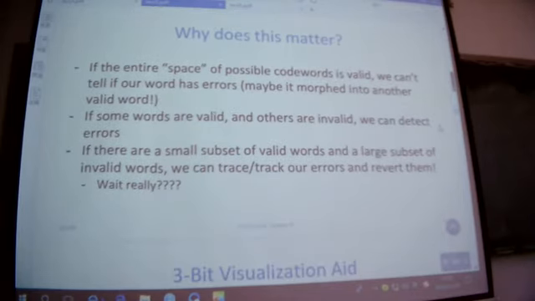Why does this matter? If the entire space of possible code words is valid, we can't tell if our word has errors. Maybe it has merged into another valid word. If some words are valid and others are invalid, we can detect errors. The detection of errors is very difficult.